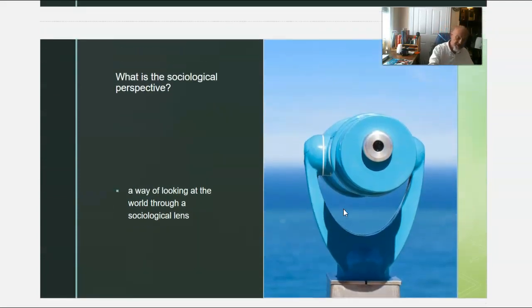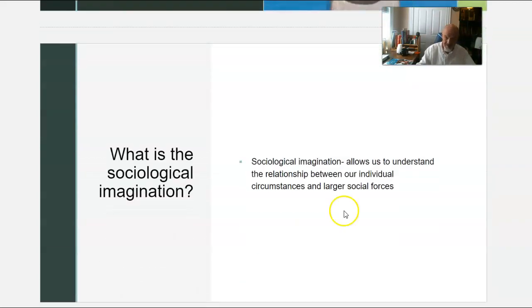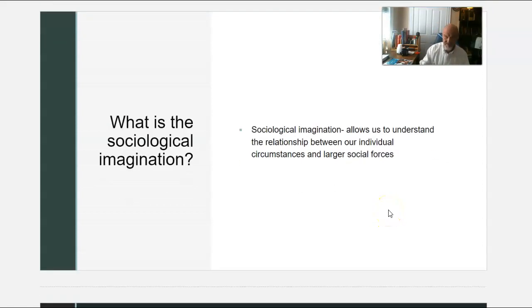So the sociological perspective is looking at the world through a sociological lens. What does that mean? The sociological imagination allows us to understand the relationship between our individual circumstances and larger social forces. Well, what does that mean?